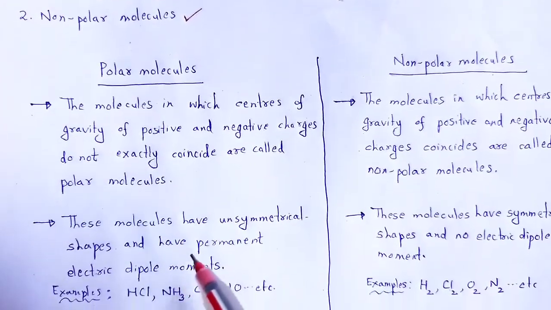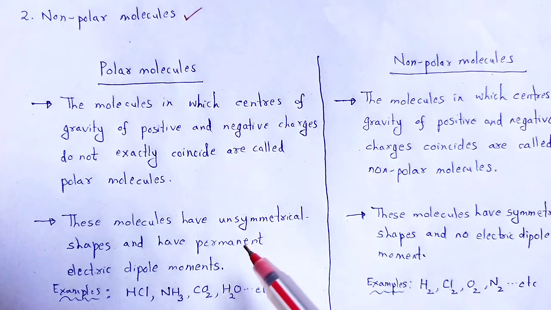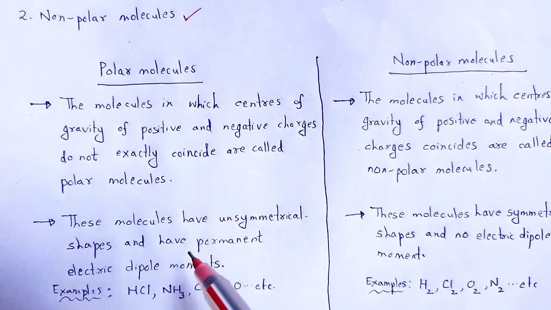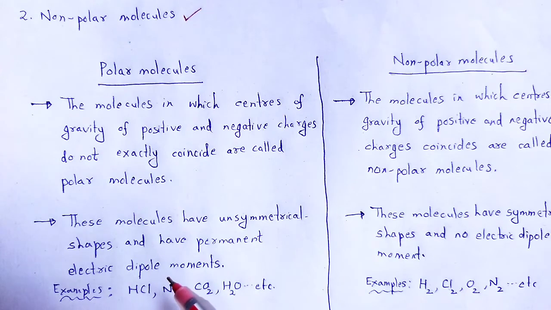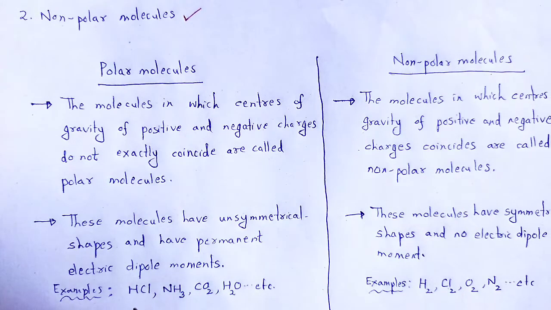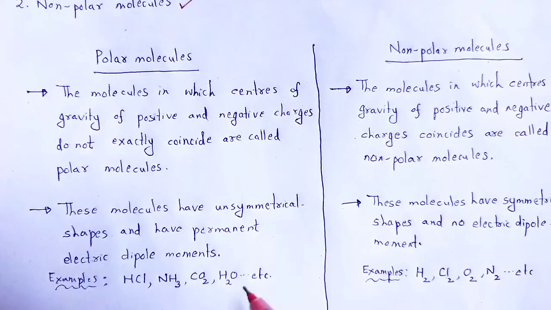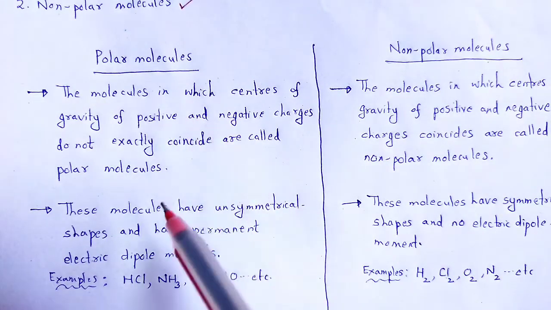Polar molecules have unsymmetrical shapes and have permanent electric dipole moments. Some examples: hydrochloric acid HCl, ammonia NH3, carbon dioxide CO2, water H2O, etc. are examples of polar molecules.